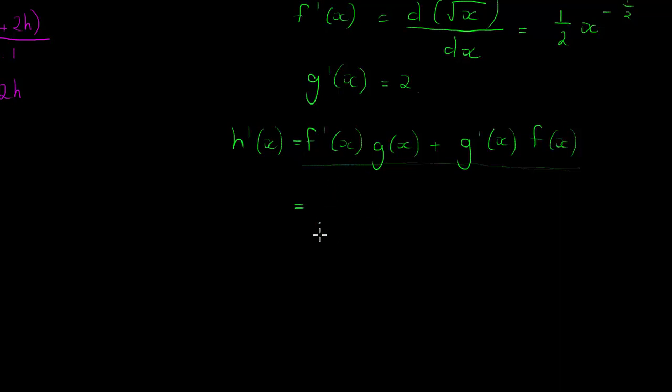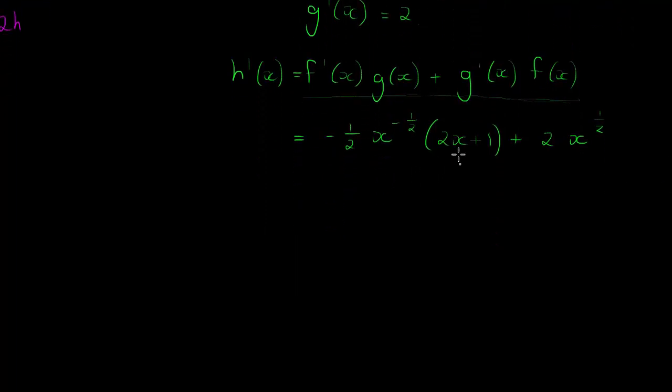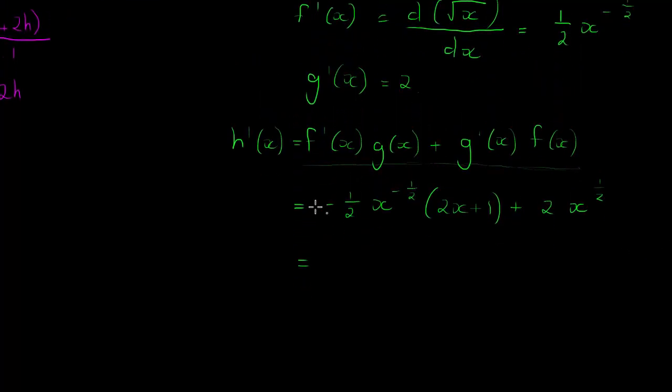So let's see, what is the derivative of f? It's a half x to the power of negative a half times g, which is 2x plus 1, plus the derivative of g, which is 2, times here x to the power of a half, which is what f(x) is. And now if we continue with this, we just simplify. So we have that negative a half times x, why do I have negative a half there? It's not negative, just a half, sorry.